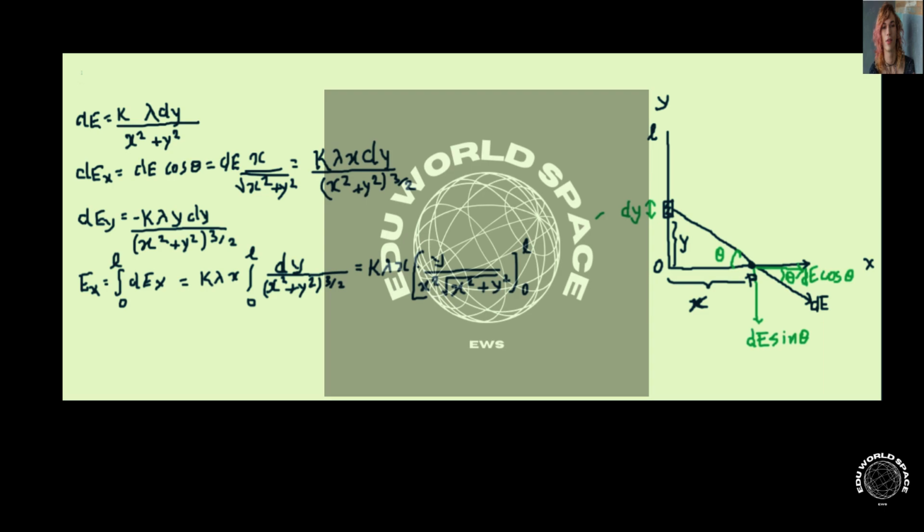So if you plug in L and 0 here, subtract, and substitute the value for lambda, this becomes lambda L upon 4 pi epsilon naught x root over x squared plus L squared.